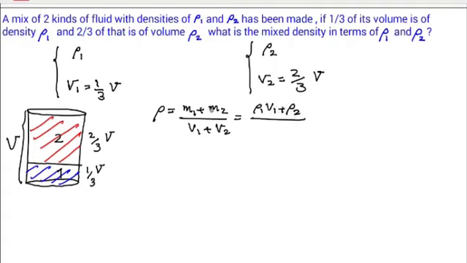And instead of M of 2, we can write rho of 2 times V of 2. So we substitute in the numerator. Let me erase this part. So we can write rho of M is equal to rho of 1 times V of 1 plus rho of 2 times V of 2 over V of 1 plus V of 2.